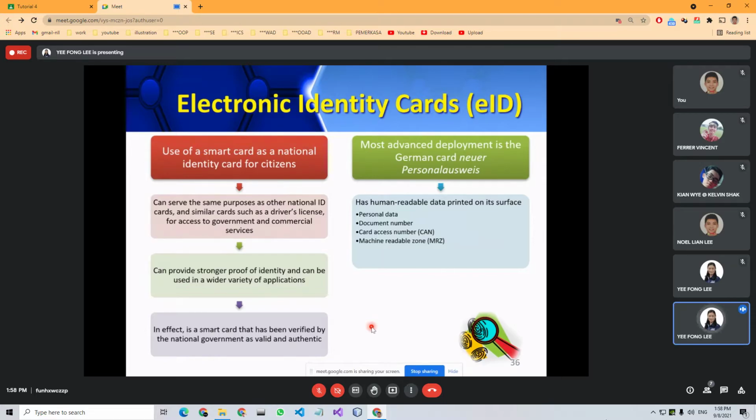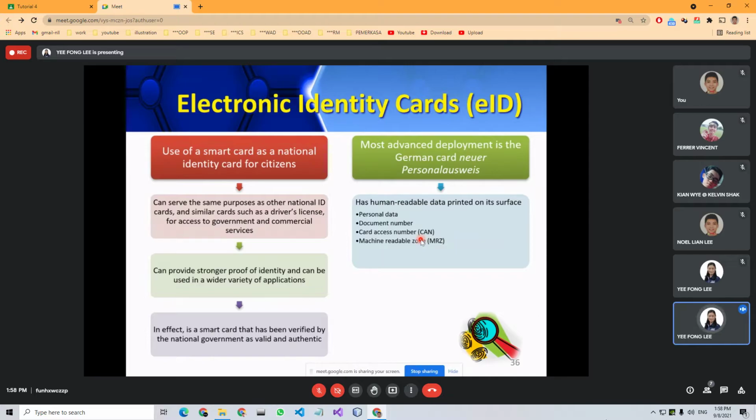The most advanced electronic identity card deployment is the German EID card, which includes personal data, document number, card access number, and machine readable zone. The card access number, CAN, and the machine readable zone both serve as a password.